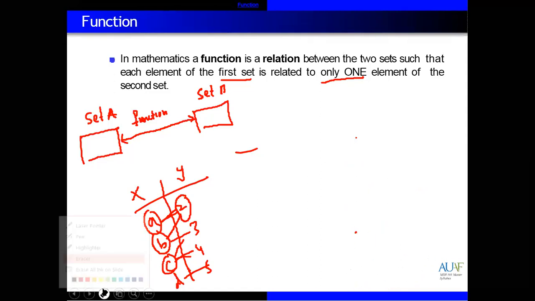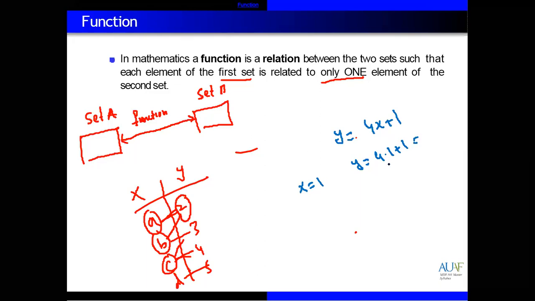Like if I write the equation y = 4x + 1. If you give x = 1 here, what will be the value of y? It means 4 multiplied by 1 plus 1, so 4 plus 1 equals 5. x = 1, y = 5.